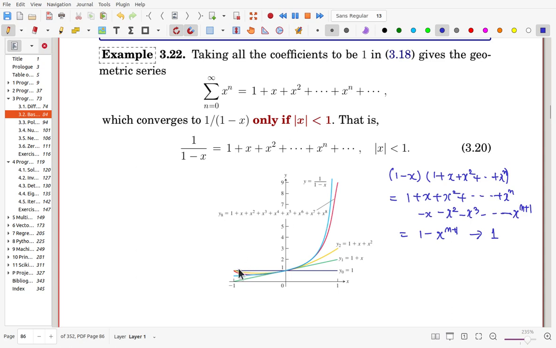Then it is approximating quite nicely. If you choose a higher order, it will approximate the original function 1 over 1 minus x better. However, this convergence holds only when x is between minus 1 and 1.